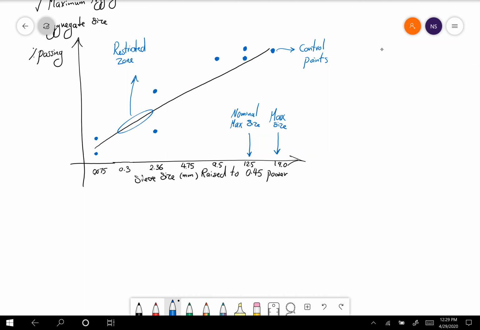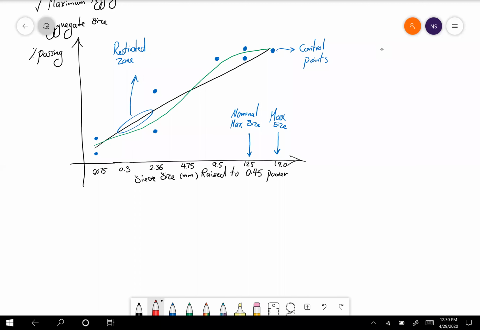So how do we use this graph? Let's say you have your gradation curve with the x-axis raised to the power of 0.45, and your gradation curve might look something like this. This is a perfect example that is acceptable.